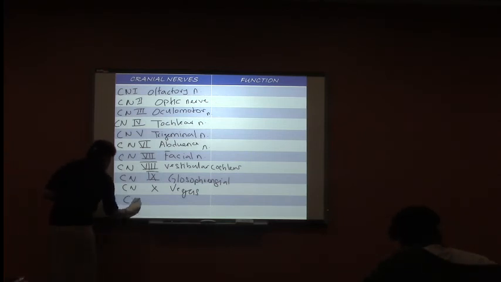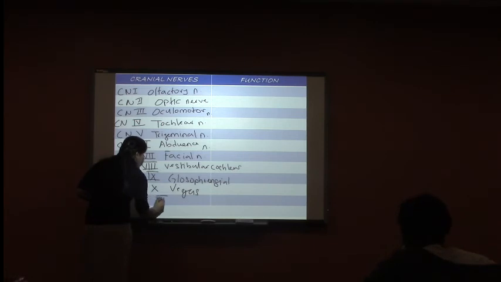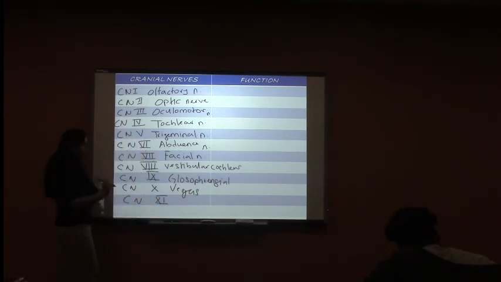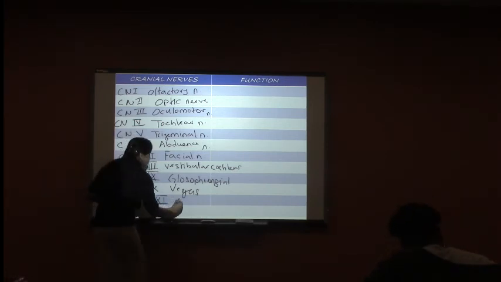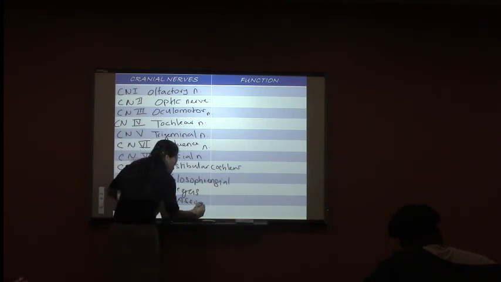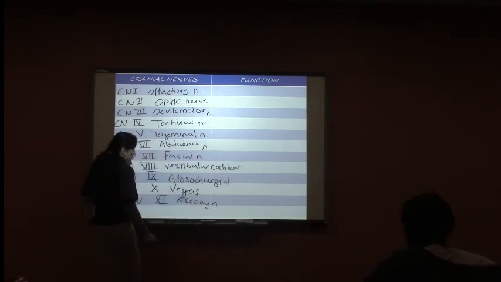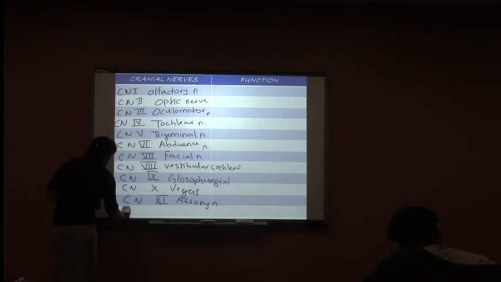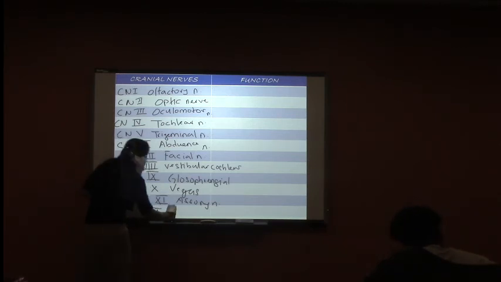Cranial nerve 11, accessory nerve. Cranial nerve 12 is hypoglossal.